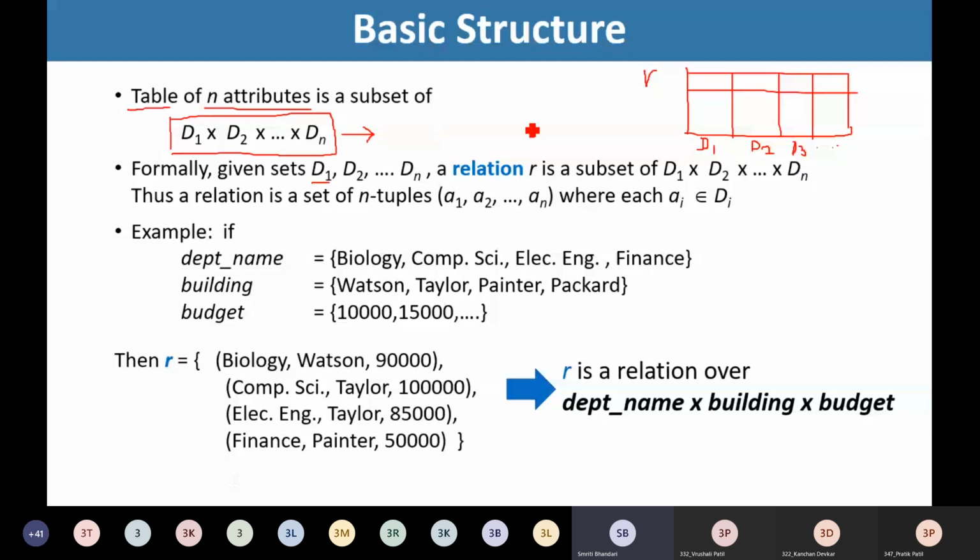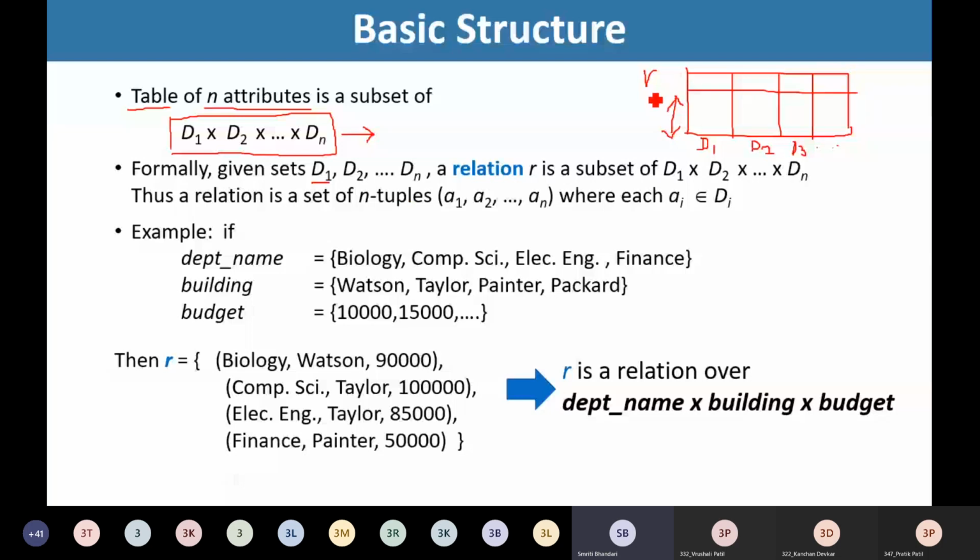Are you getting me? The Cartesian product gives all possible combinations of values of the respective domains.